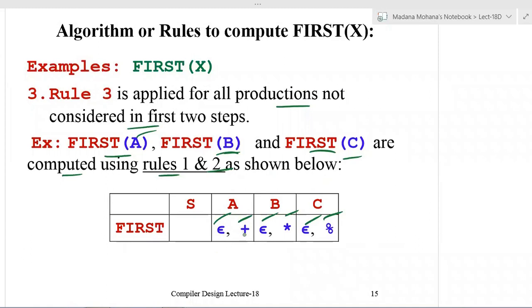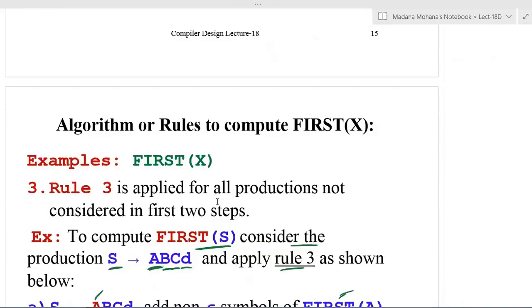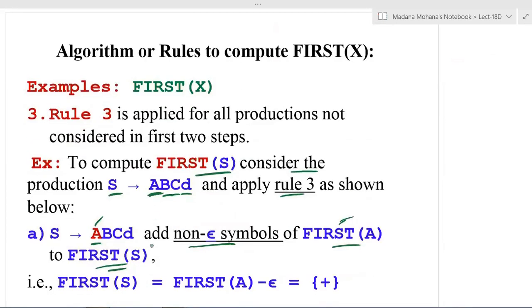So other than null, you can add plus from first of A to first of S. Therefore, first of S equal to first of A minus null. Other than null, you can add plus. So now here plus is added to first of S.